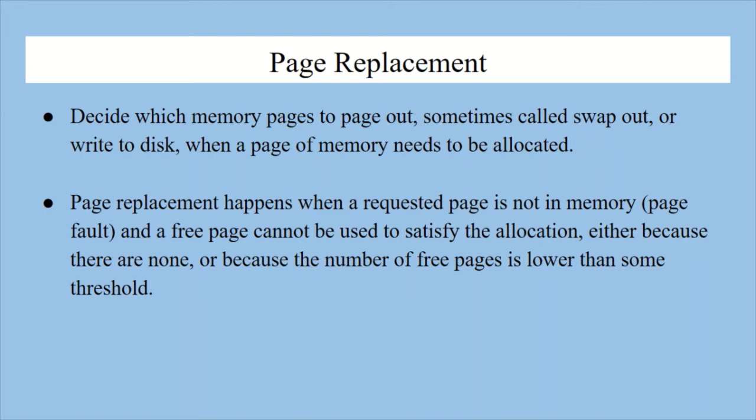It is called a page fault. So if it is not in memory, it is called a page fault. And a free page cannot be used to satisfy the allocation, either because there are none or because the number of free pages is lower than some threshold.